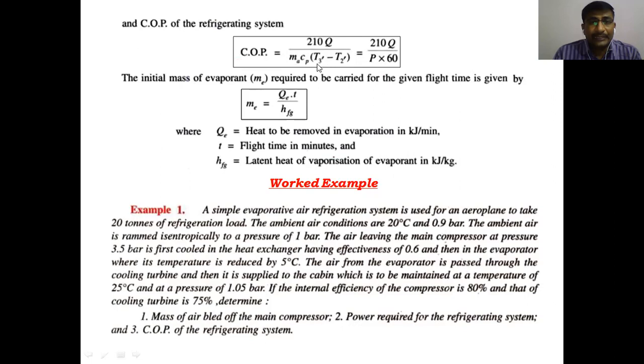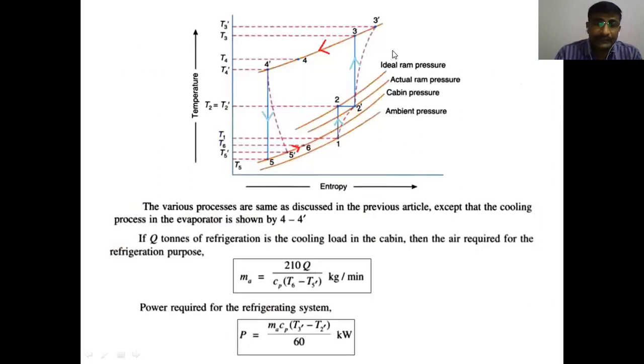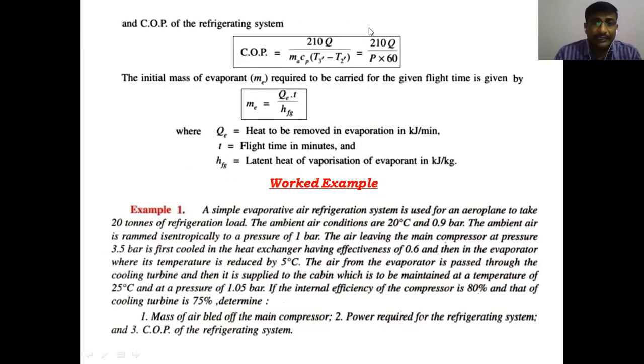MA Cp (T3' − T2') can be written from the previous equation as P into 60. So COP = 210 Q / (P × 60), where P is the power in kilowatts and Q is the cooling load in the cabin in tons of refrigeration. Then we get the COP of the system.